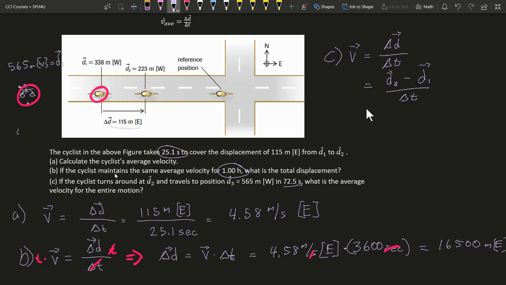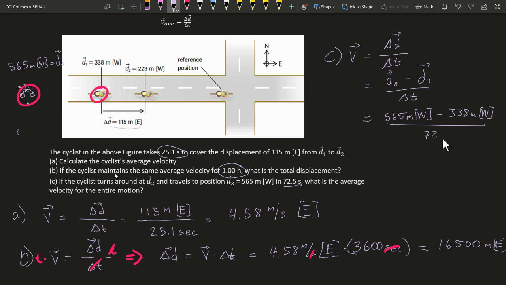So this looks pretty simple. Let's write position 3 here, which is 565 meters west, minus position 1, which is 338 meters west. Okay, so we want to be careful and keep track of these vectors and their directions here.